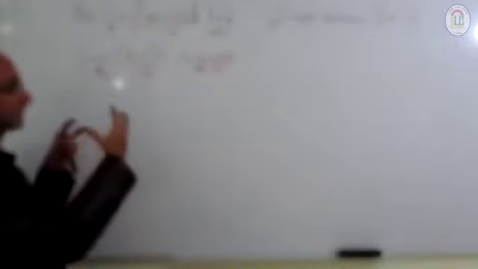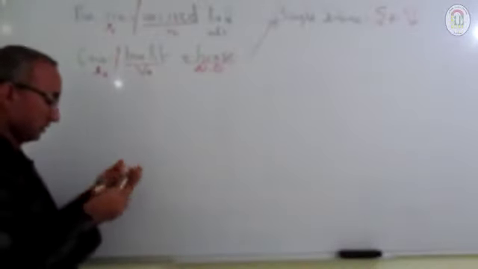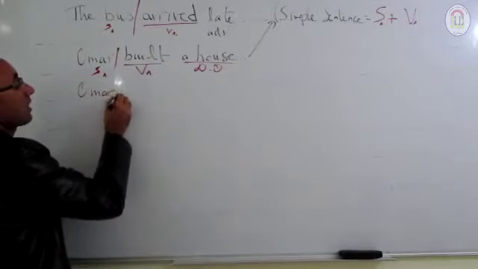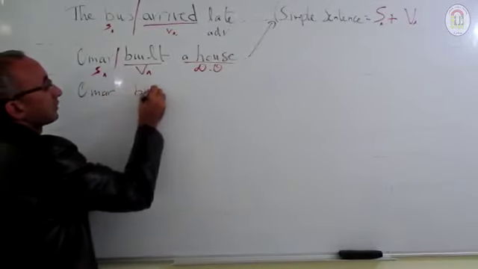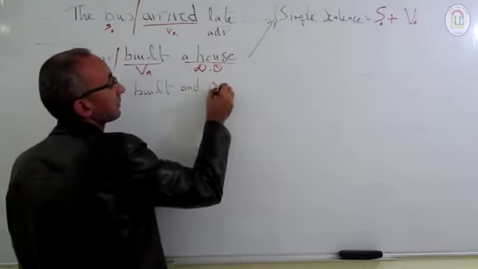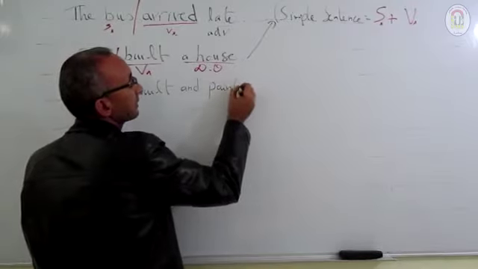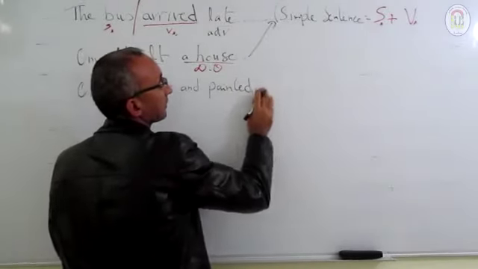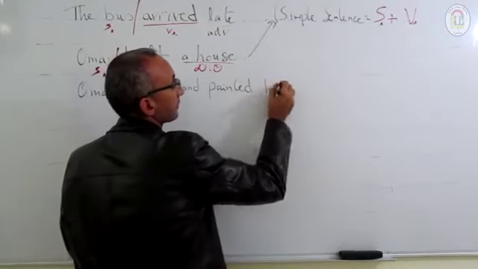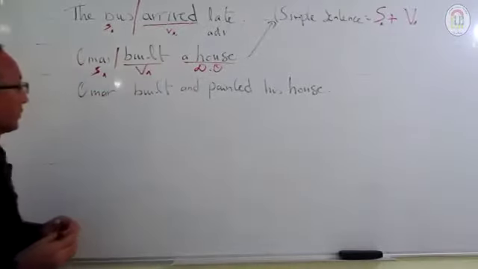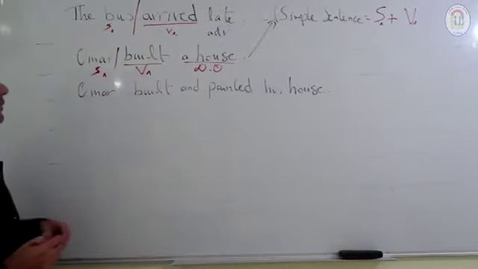Now, if I want to extend this example and write: Omar built and painted his house. Now what do I have?